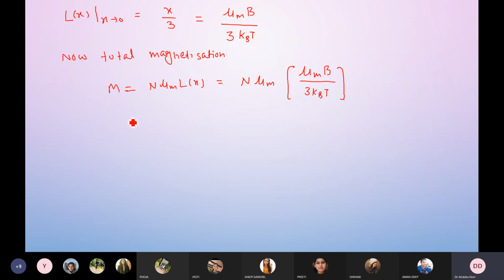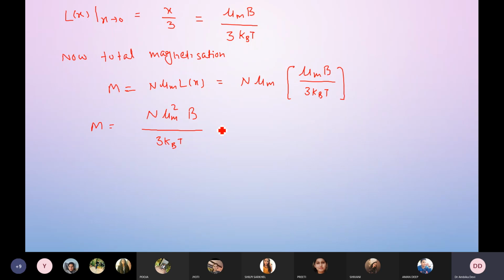This further means that M, the magnetization, is equal to N, the number of atoms per unit volume, into mu m square B divided by 3 kBT, where kB is the Boltzmann constant and T is the temperature.